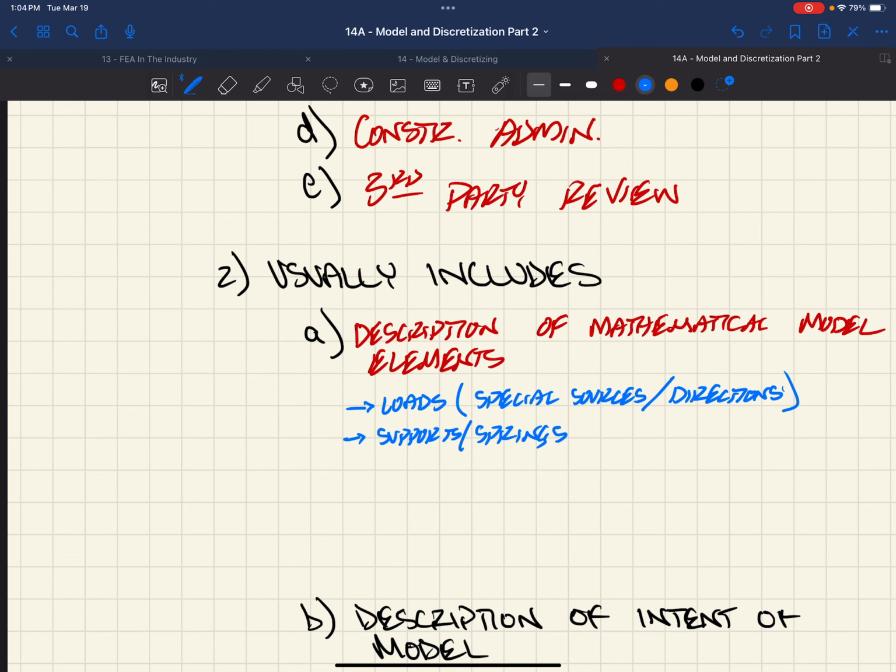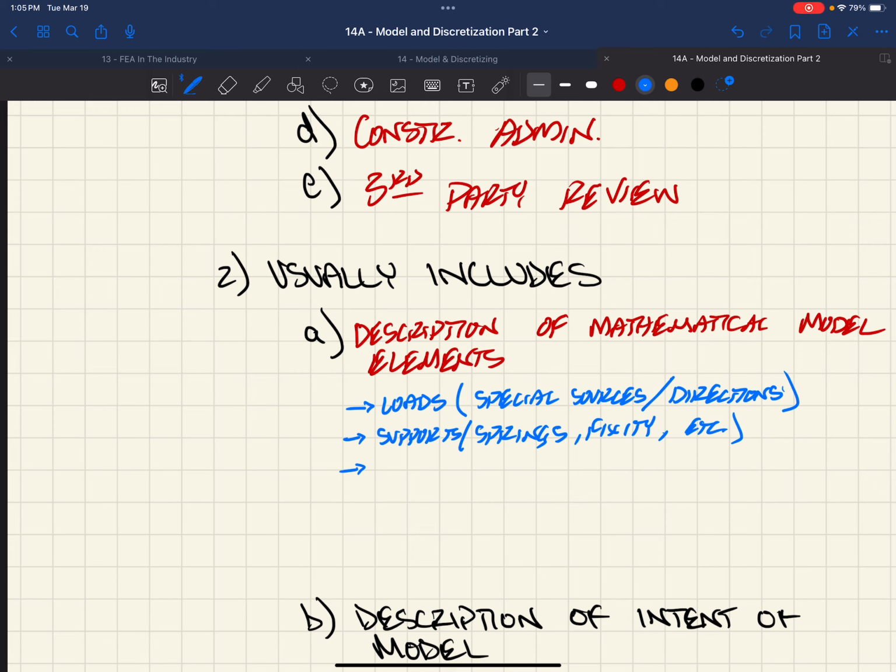A lot of times it's around 200 to 300 pounds, what we would call pounds per cubic inch, PCI. We would want to define that, saying we're using springs and basing the spring constant on the geotech report or the IBC design tables. We could define our supports as springs, or say that everything is pinned or fixed, or state our fixity. That's one of the other model elements we would want to describe.